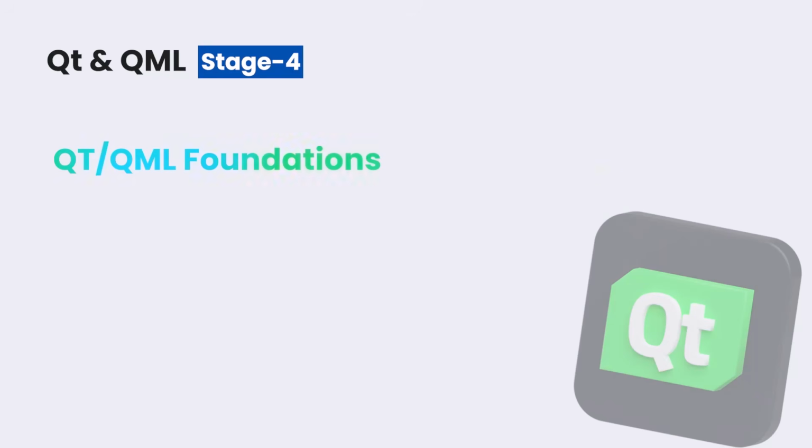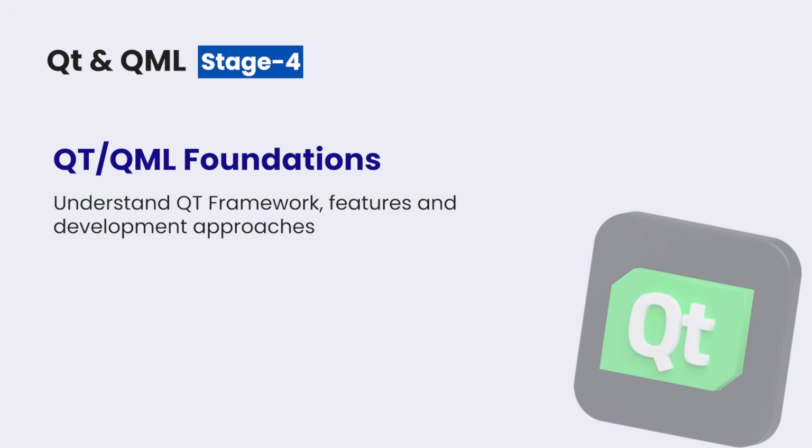Post this, we will teach you embedded GUI development using Qt and QML. Qt is a framework which is quite popular in developing embedded UI-based applications. I'm sure you're fascinated by seeing the user interface in a car. If you look at a car, modern cars have two user interfaces.